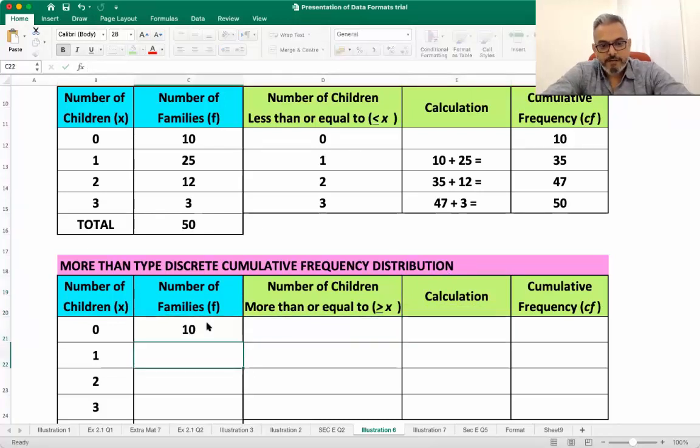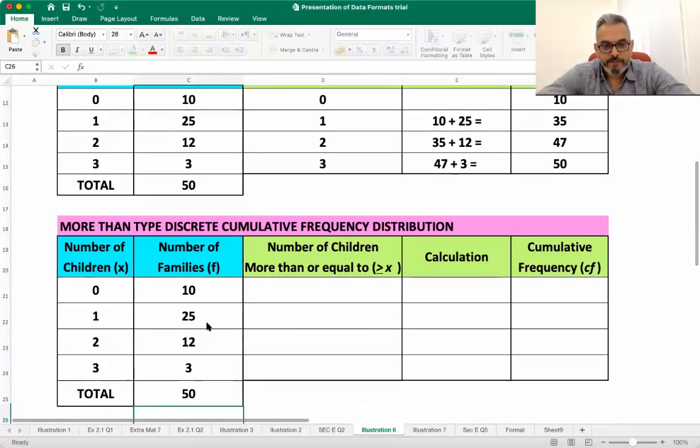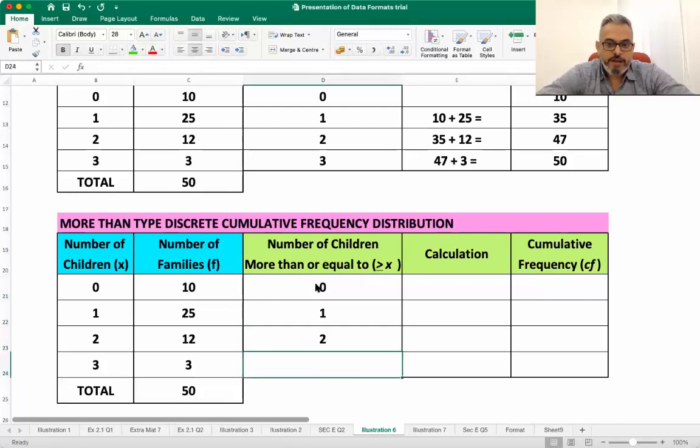Families 10, 25, 12, and 3, total is 50. More than, number of children more than or equal to, so greater than or equal to sign over here, 0, 1, 2, 3.